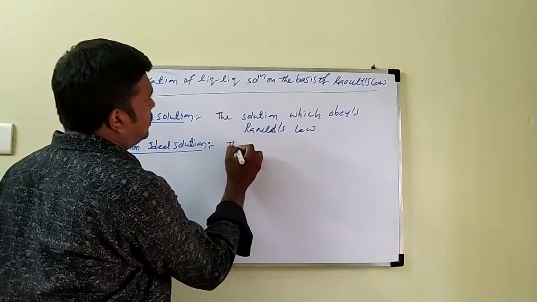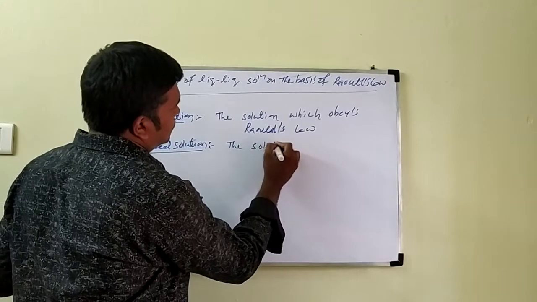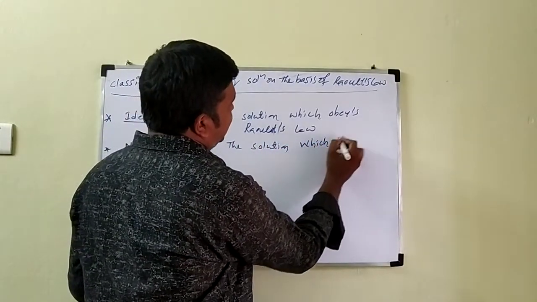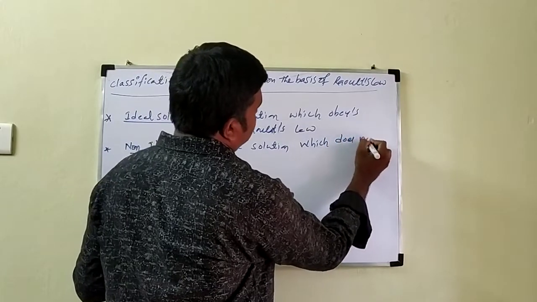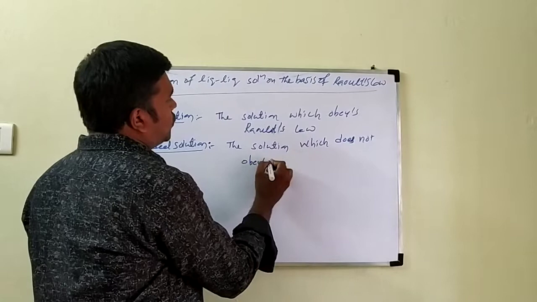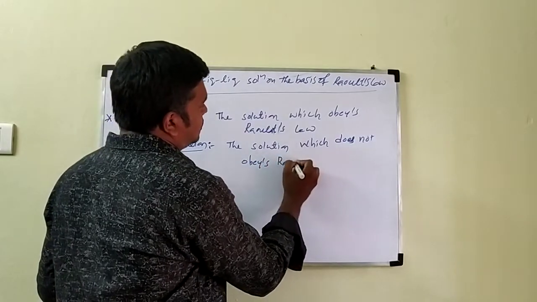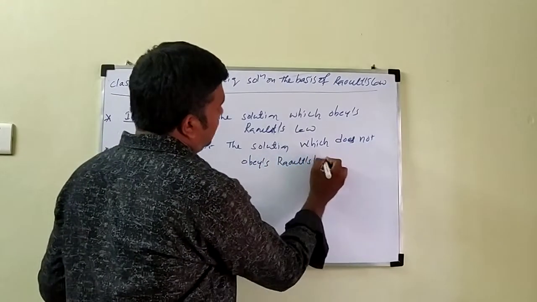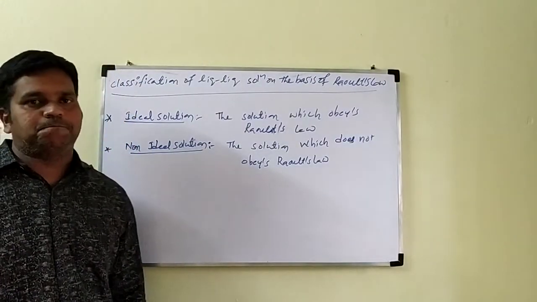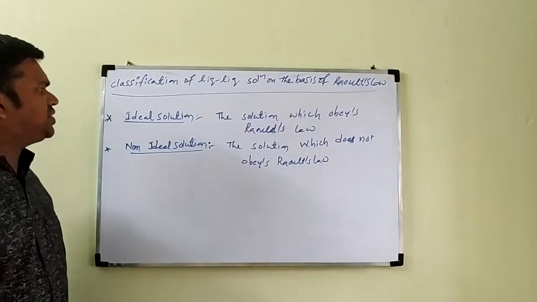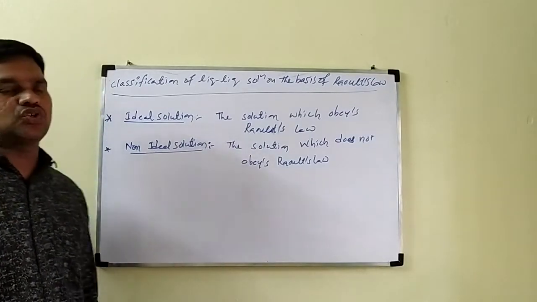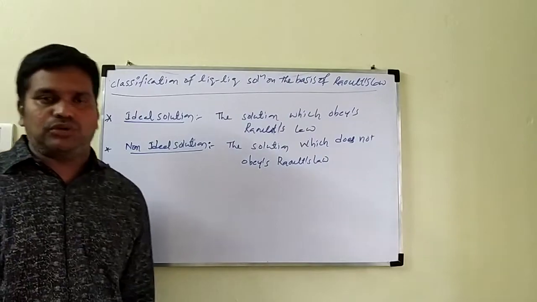The solution which does not obey Raoult's law is called a non-ideal solution. The classification of ideal and non-ideal solutions mainly depends on the interactions.